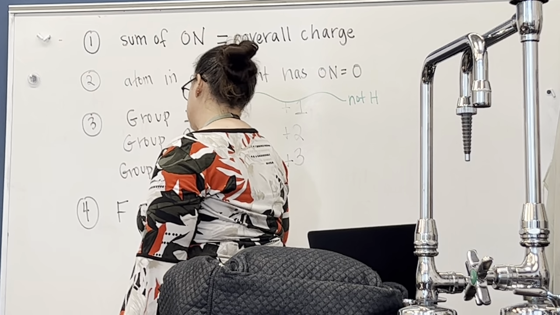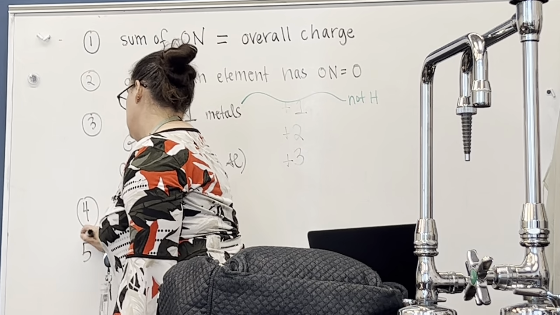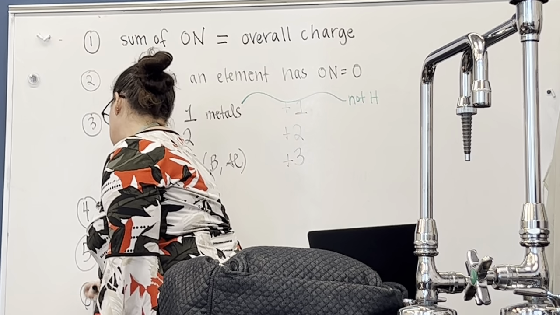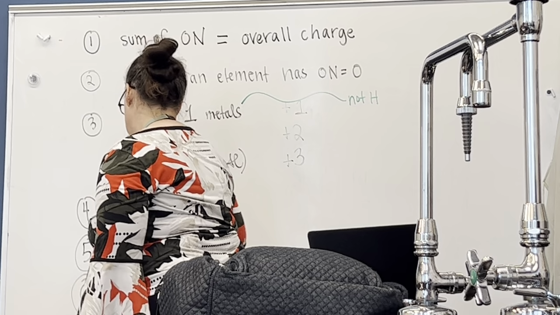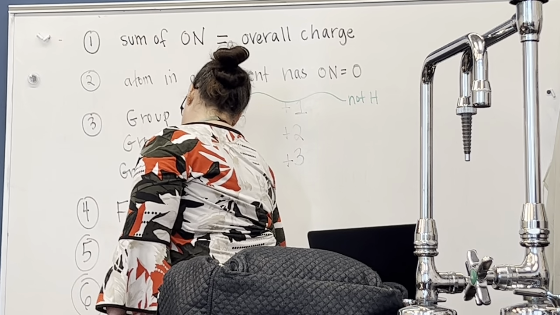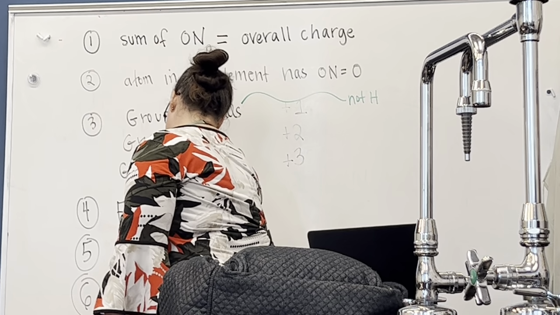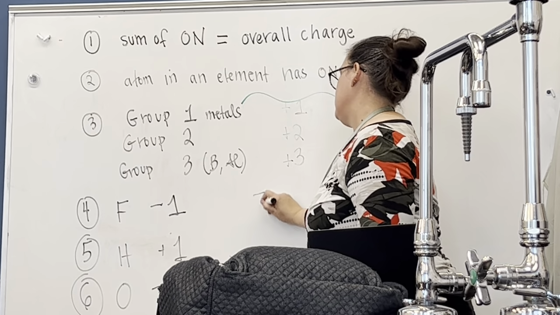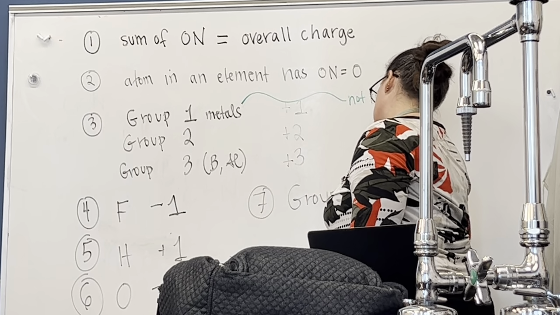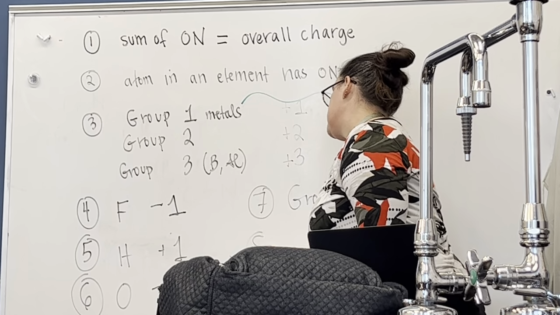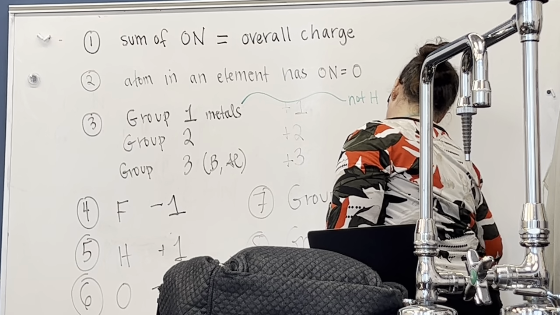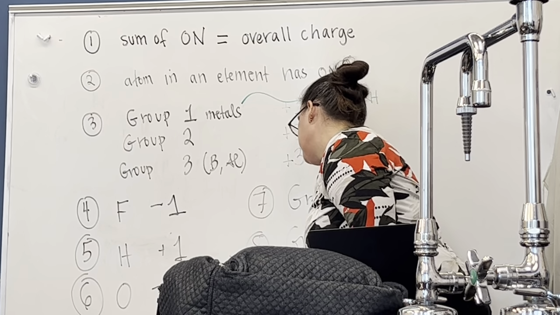Fluorine is the most electronegative atom we've got, followed by oxygen, followed by the group 17s, I guess, in order, the group 16s, the group 15s.